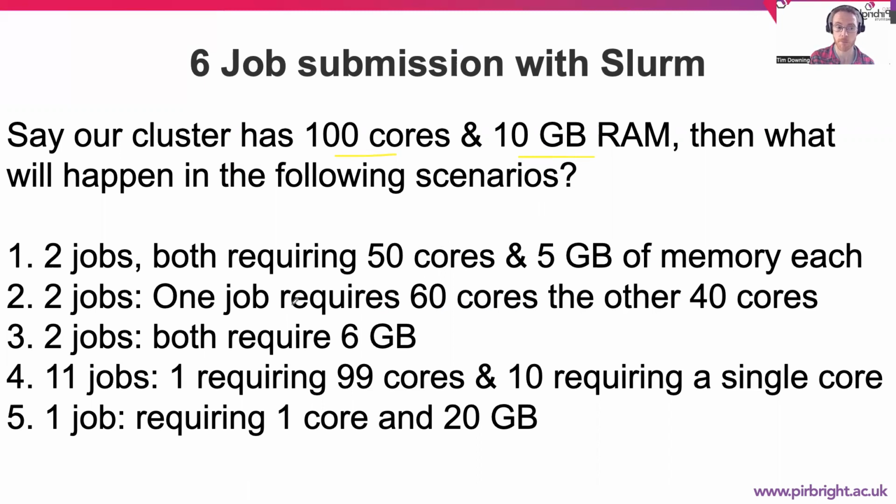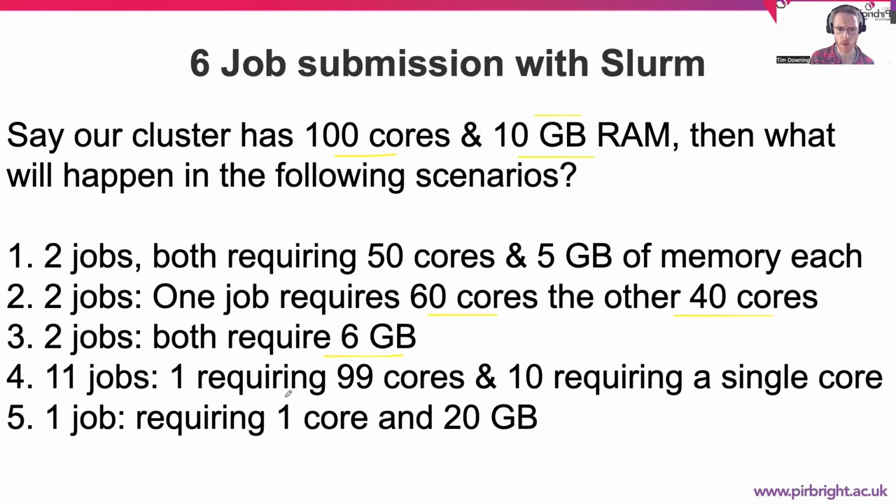They'll run fine. If the 2 jobs are such that one requires 60 cores and the other 40 cores, again, that matches the available number of cores that are present. If both require 6 gigs, that means one will be run first and the other one will be run after that, because that exceeds the amount of RAM that's available.